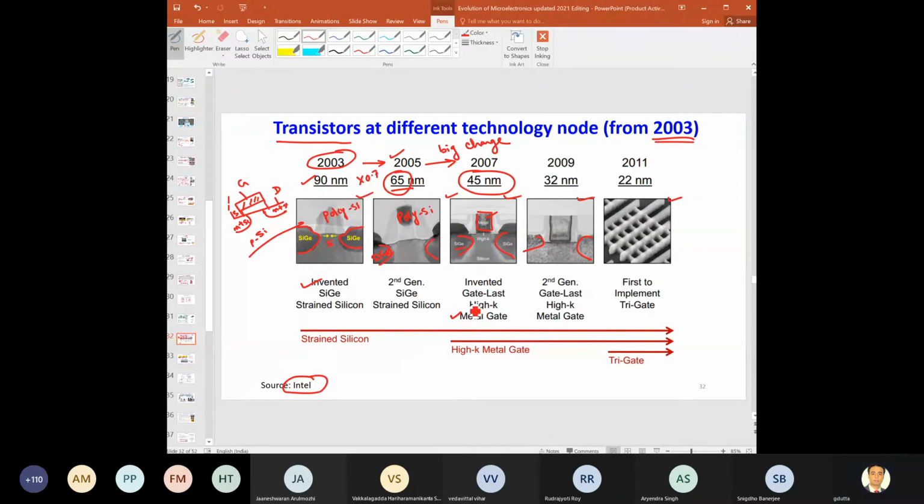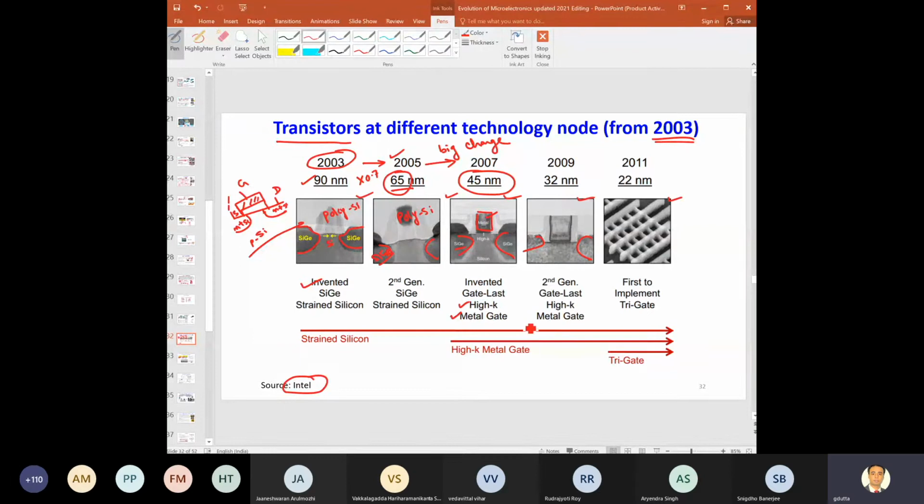With that, Intel has also introduced a high K gate dielectric. High K means whose dielectric constant is higher. Silicon dioxide's dielectric constant is 3.9, towards the lower side. So if you use a higher dielectric, you have better control and lower leakage, right?